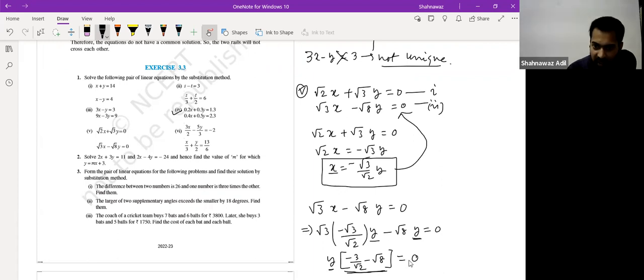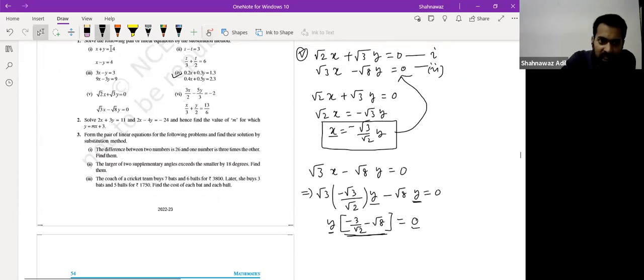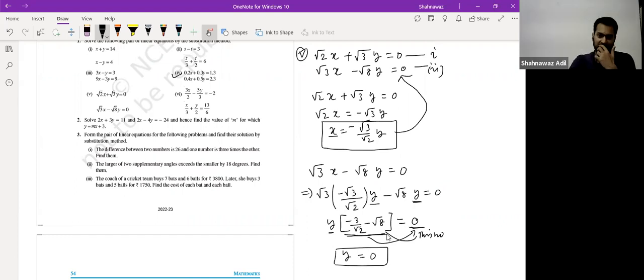And on the right, you see that there is a 0. So if you take this to the other side, in the denominator, 0 by this number will be what? 0, right? So y is 0. So x will be what?